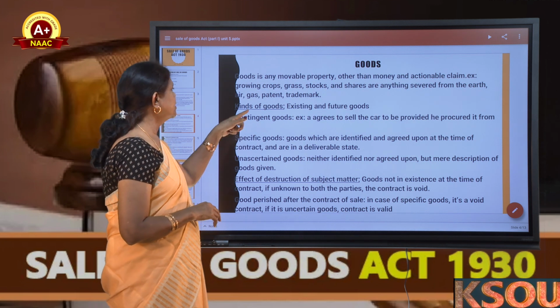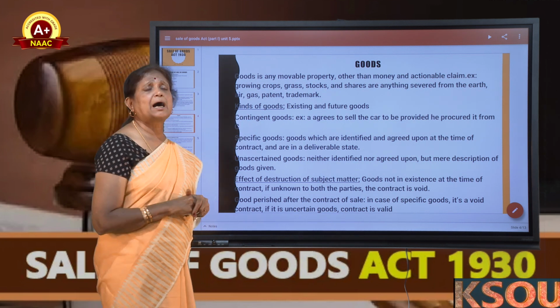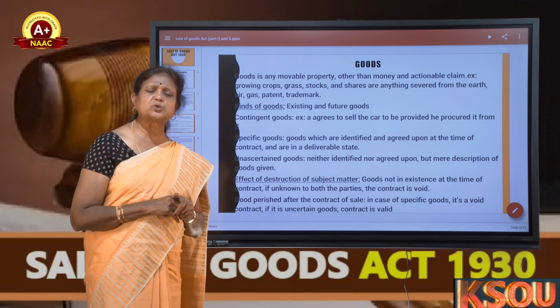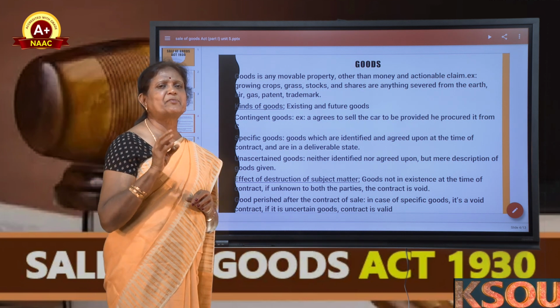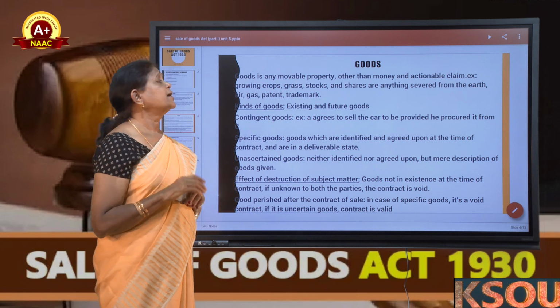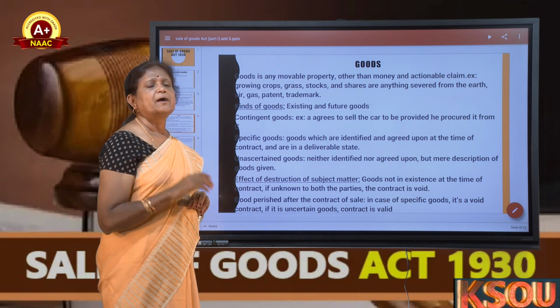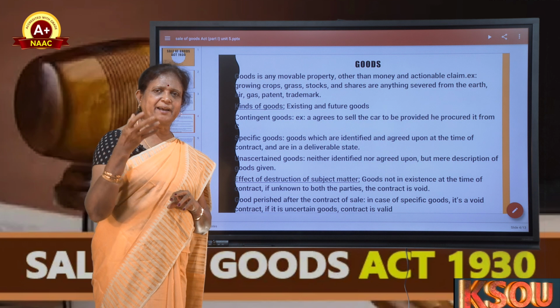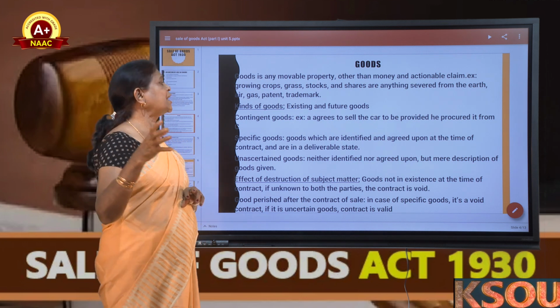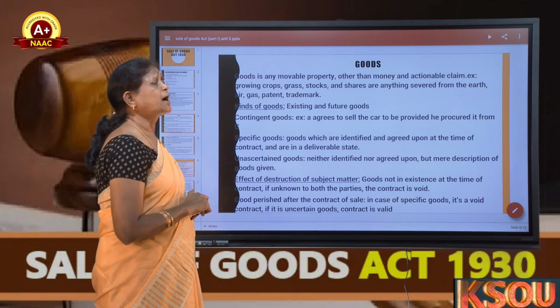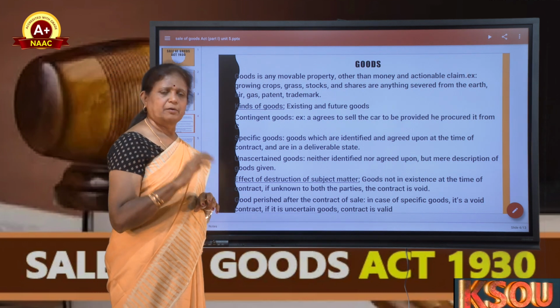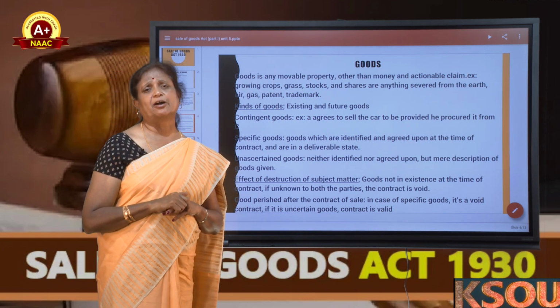Then kinds of goods, it may be existing goods or may be future goods. Existing goods means any property which is in existence at the time of entering into a contract. Future goods are goods to be obtained at a future date, that can also be a subject matter of goods. Then contingent goods. We already discussed the contingent contract.